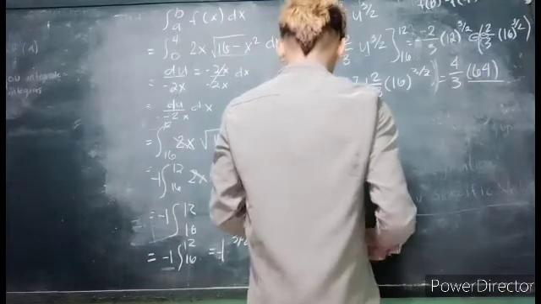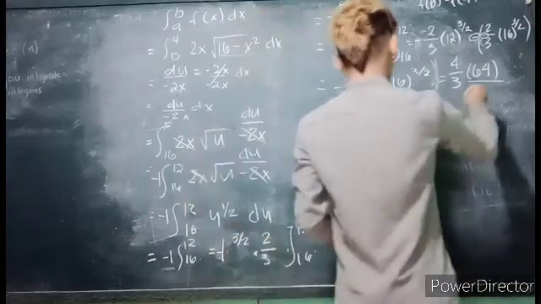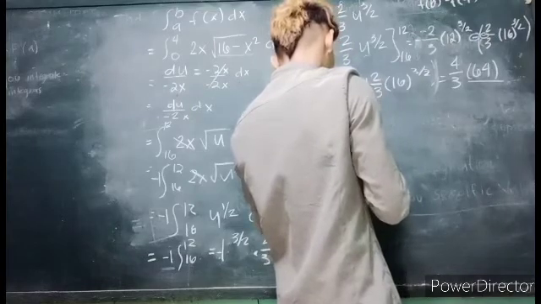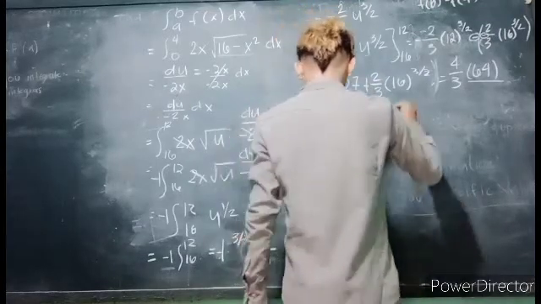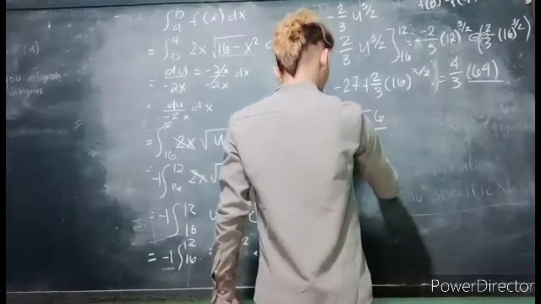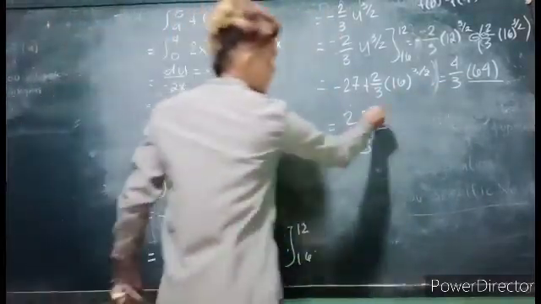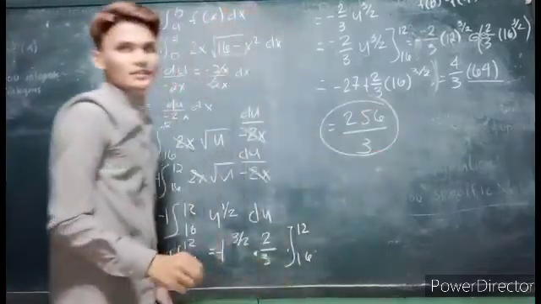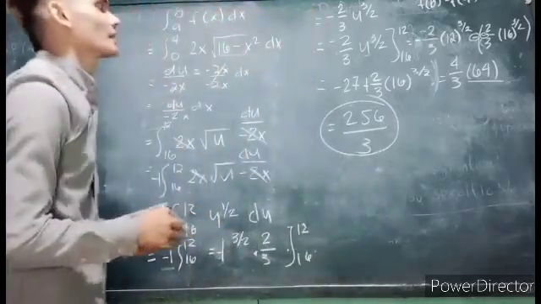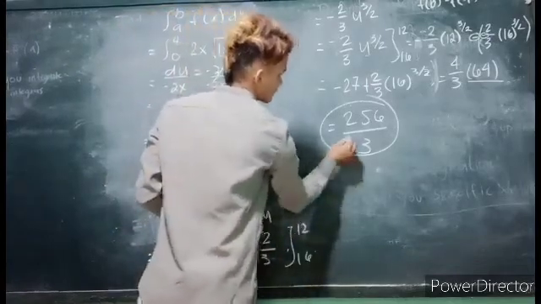Then multiply 4 times 64. 4 times 64 equals 256. So 256 over 3. So this is our final answer. So as what I've said, the definite integral gives you a specific value.